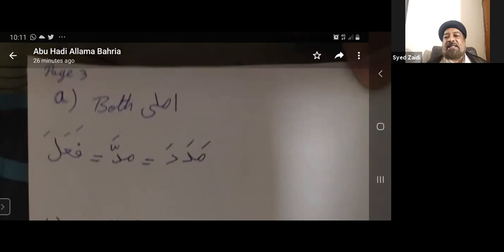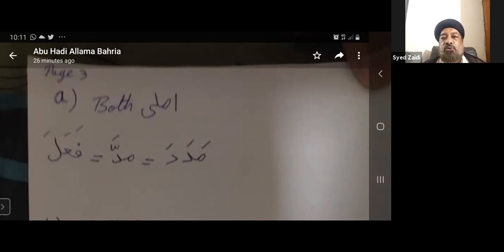If you open madda, it will become ma da da, right? The two dals have merged into each other to become madda, right? And which will be equal to, on the word scale, fa'ala. Why? Because they're now the same formula that you refer to the same root word.